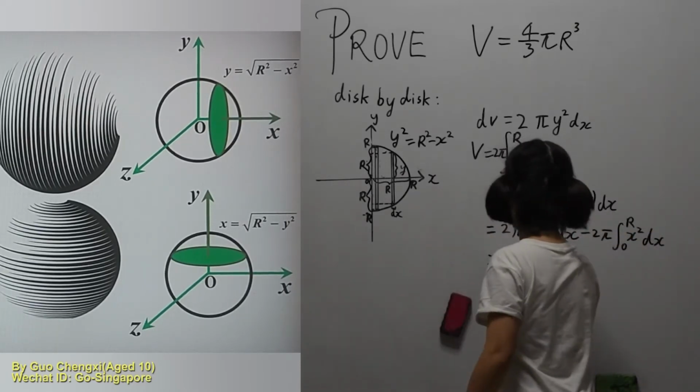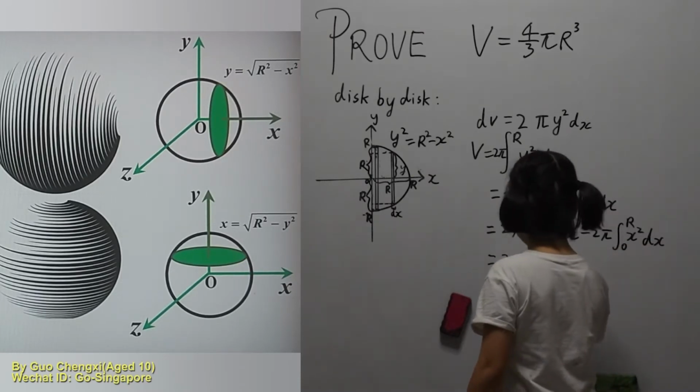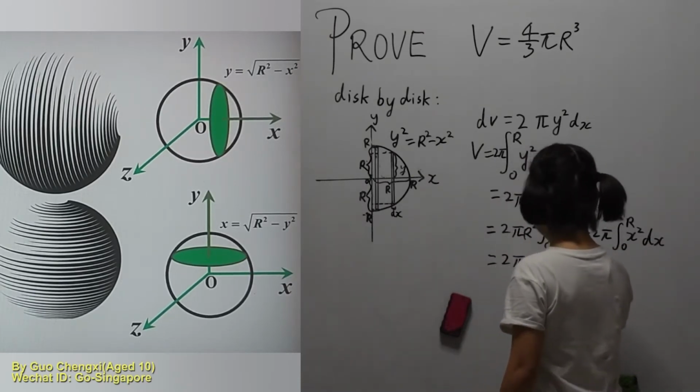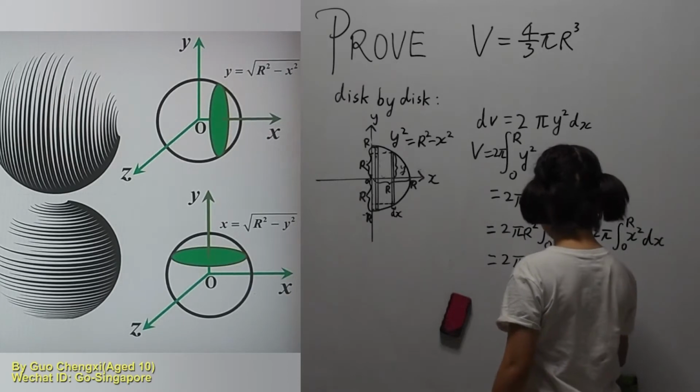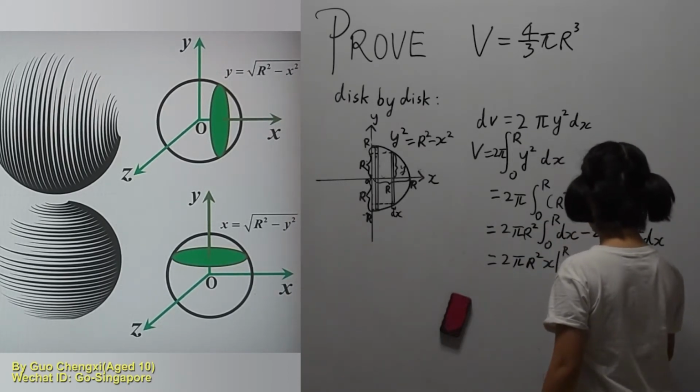So it becomes like this, and then here becomes 2 pi r squared x from 0 to r, and then minus 2 pi.